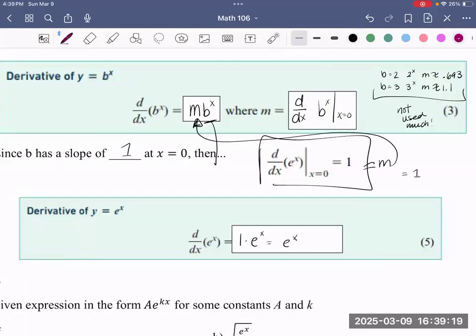That is to say, the derivative of e to the x is itself, because m is equal to 1, so 1 times e to the x is e to the x.